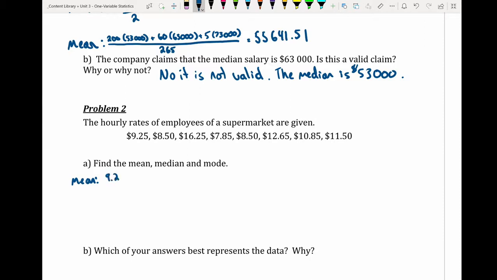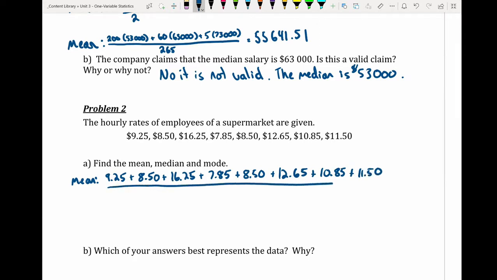So 9.25 plus 8.50 plus 16.25 plus 7.85 plus 8.50 plus 12.65 plus 10.85 plus 11.50, all divided by how many numbers I have, and in which case I have 1, 2, 3, 4, 5, 6, 7, 8. I have 8 numbers.